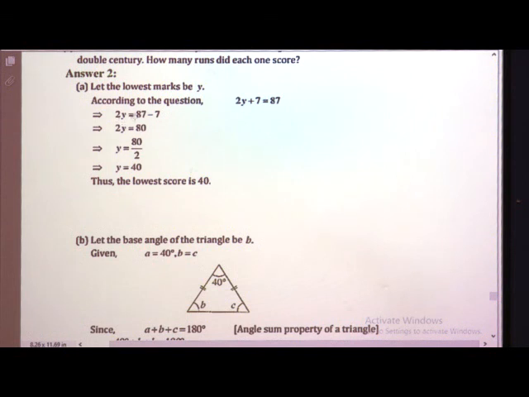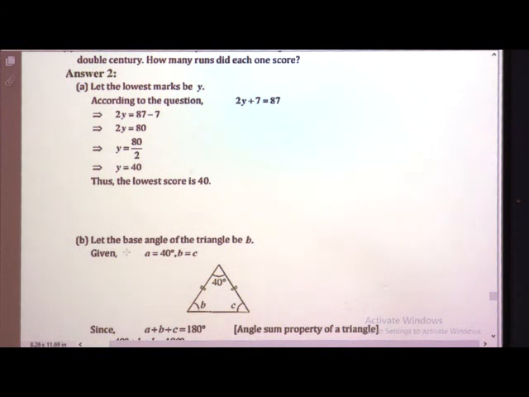So, 2y is equal to 87 minus 7, because it is plus 7, when it is transposed it will be minus 7. So, 2y is equal to 80, y is equal to 80 by 2. So, y is equal to 40. Thus, the lowest score is 40, and the highest score is given as 87.